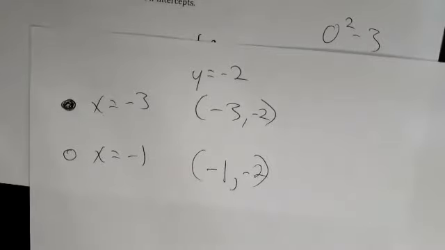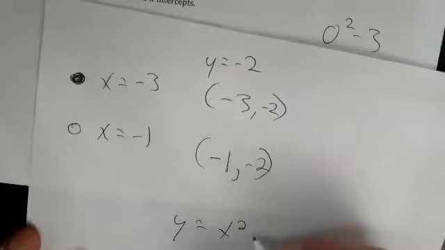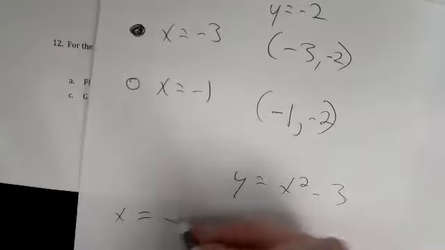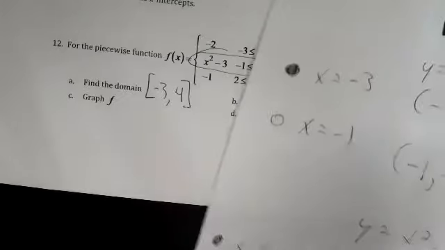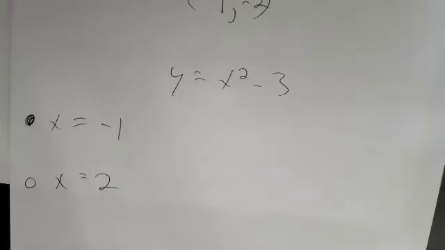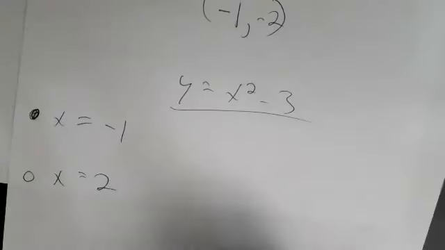The next thing I want to graph looks like y equals x squared minus 3. Where x is -1, graph a solid dot. Where x is 2, I want to graph an open dot there. I'm going to do this with each of the 3 pieces.